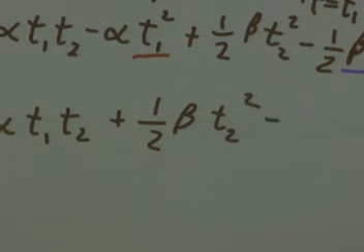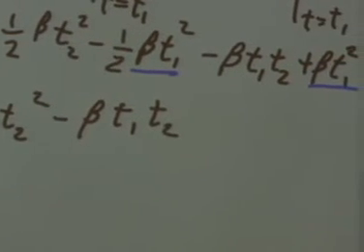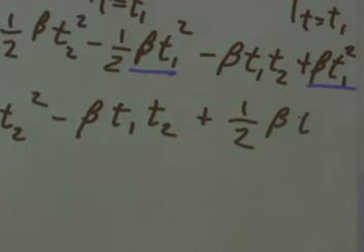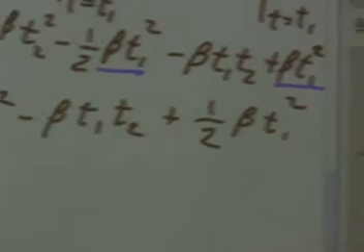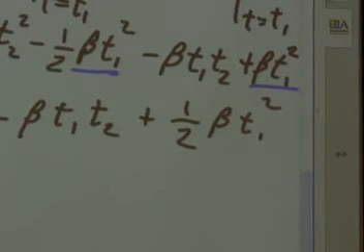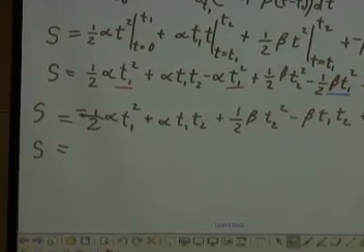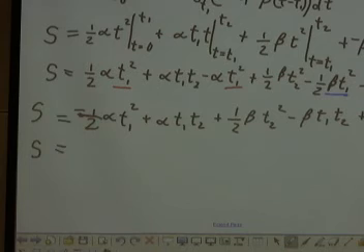I'll put in the minus beta t1 t2, and then I'll put in the plus 1/2 beta t1 squared when I combine those two like terms. Okay, now more algebra.